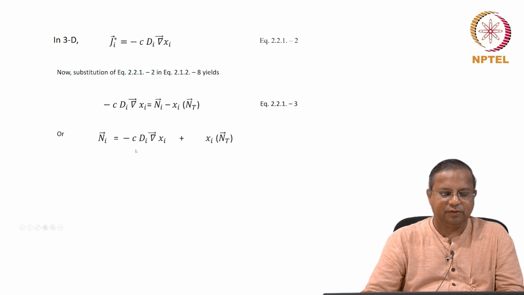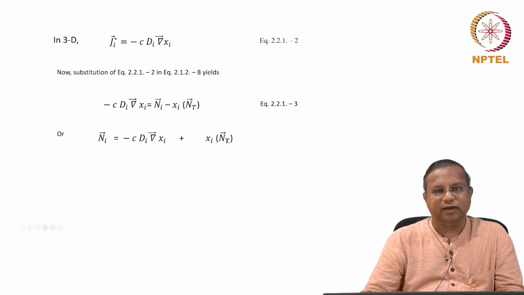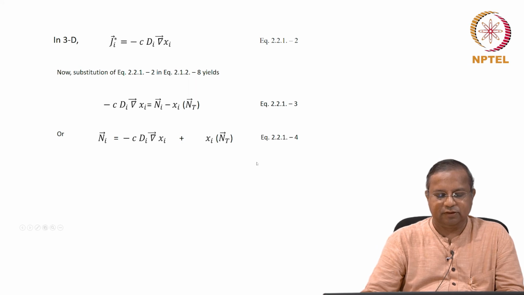Or, writing N_I in terms of the other things, just take this to the other side: N_I equals minus C D_I del x_I plus x_I N_T, equation 2.2.1-4.